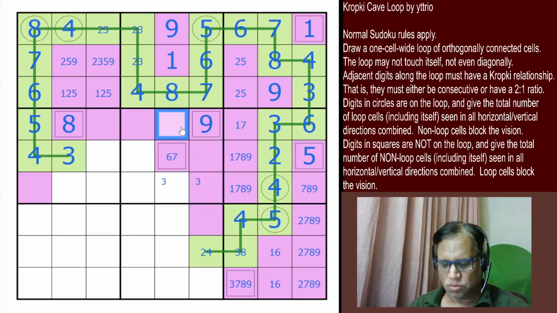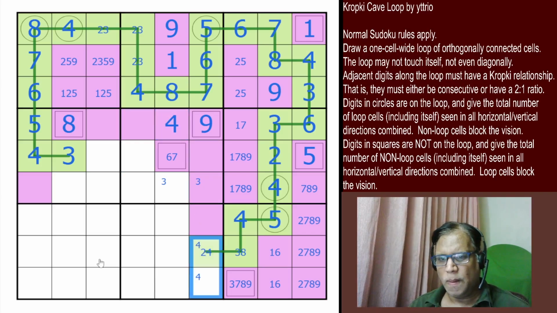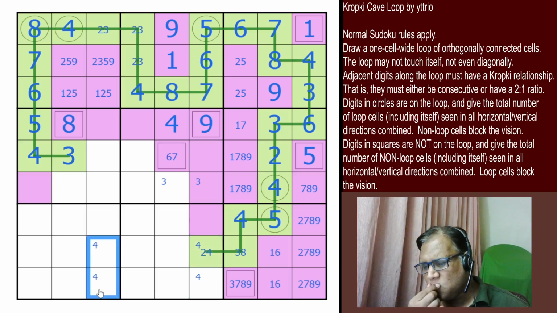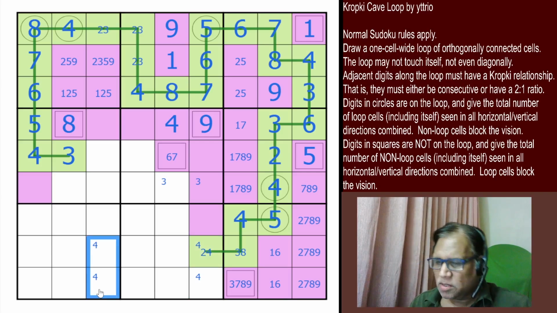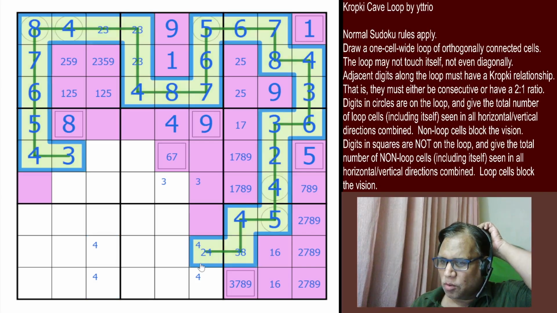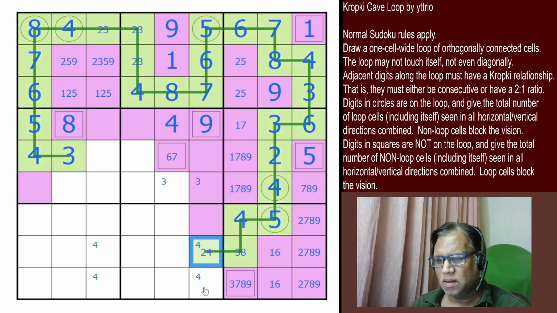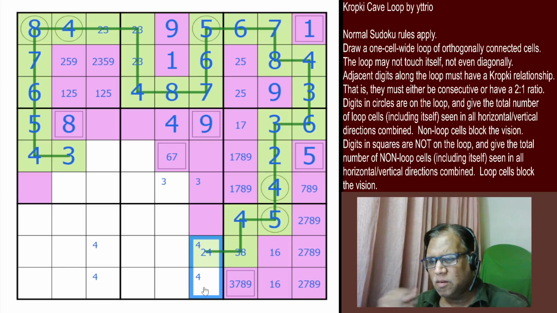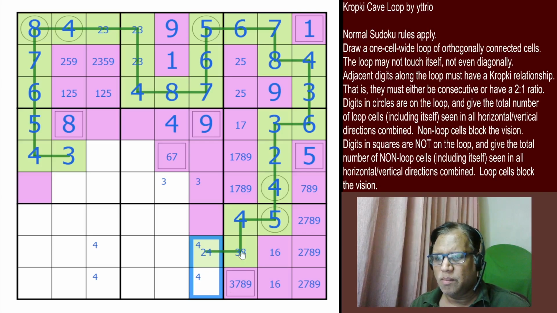That's 4 by Sudoku. So 4 is now one of this, right? And similarly, 4 is one of this. So, okay. Right. So if that's 2, that will become 4, right? That will become 3. That will become 8.